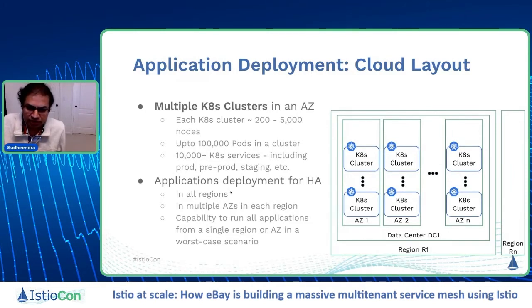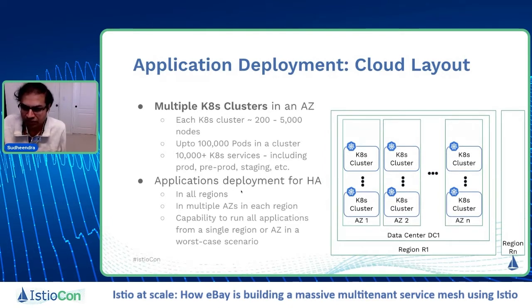These applications are essentially deployed for high availability across multiple regions. And even within a region, we try to deploy these applications in multiple AZs. The goal is to have the capability to run all the applications, or the entire eBay site, from a single region or availability zone in a worst case scenario.